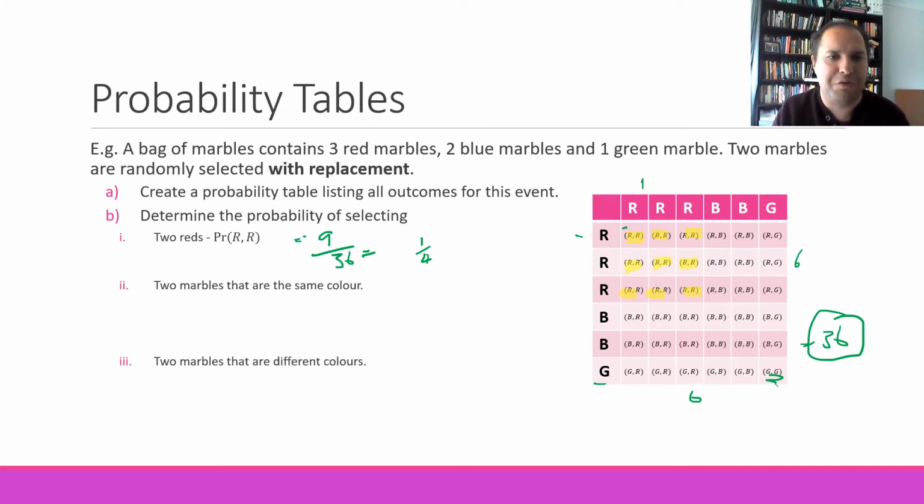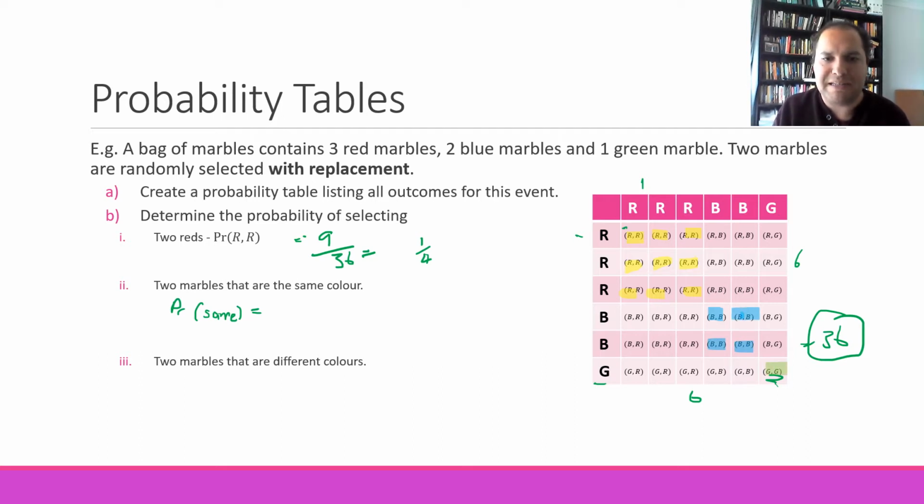Now picking out 2 marbles that are the same color. The probability that our colors are the same is going to be, well, we could have all of our red reds, which we've already found, but including some more, we could have blue, blue, and we can also have green, green at the very bottom here.